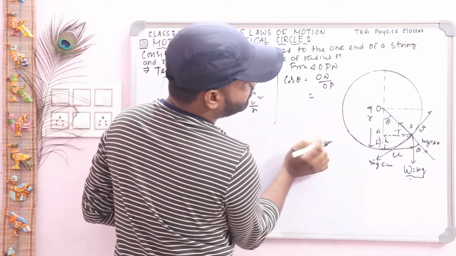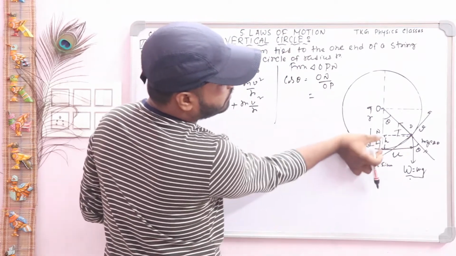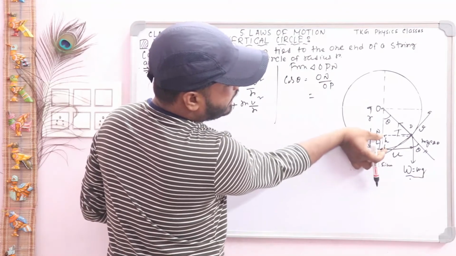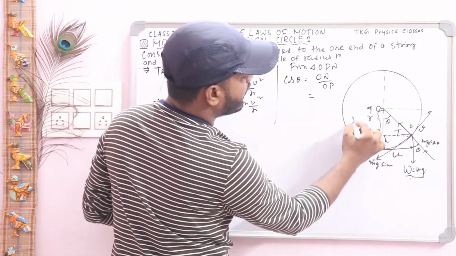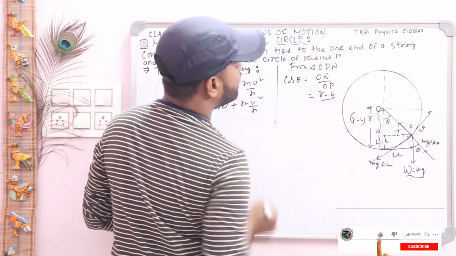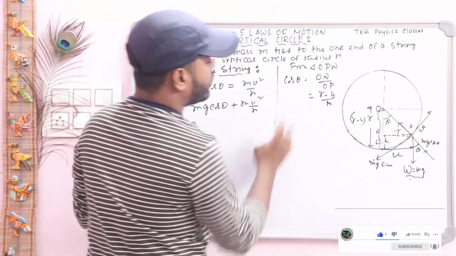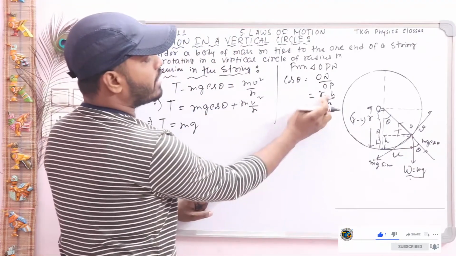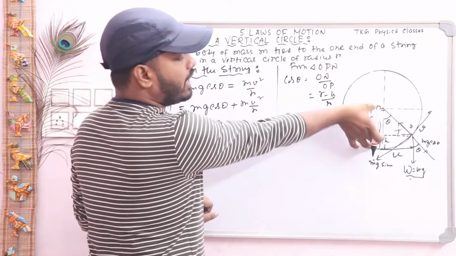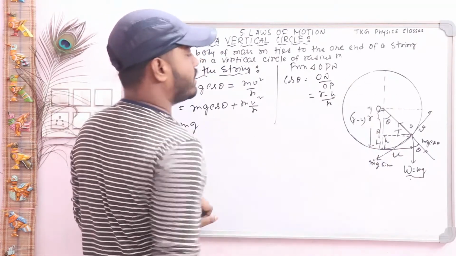ON is represented as R minus H, since the total is R and this part is H, and OP is the radius R. So cos theta is equal to (R minus H) divided by R.